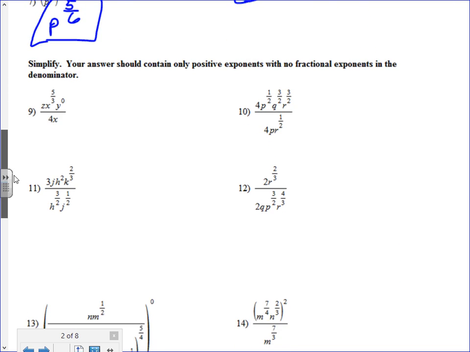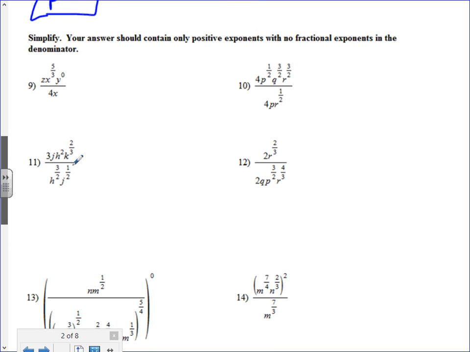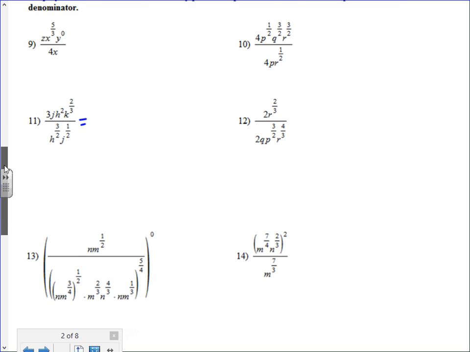Look at number 11. Got about 2 or 3 more problems here before I set you loose. Guess what? Still follow the exact same rules. 3 has nothing to reduce with, so write it down.